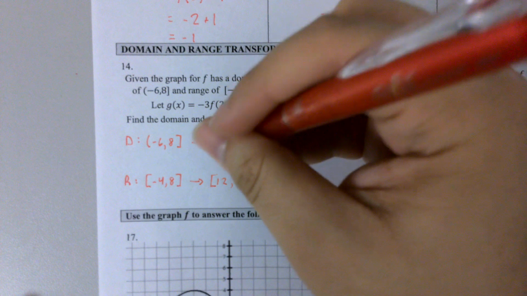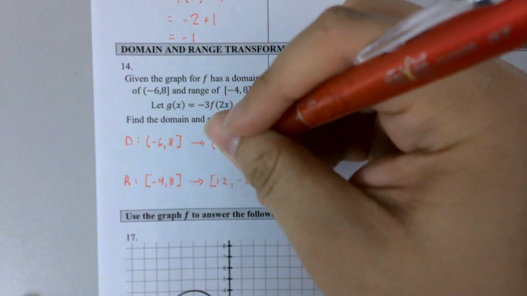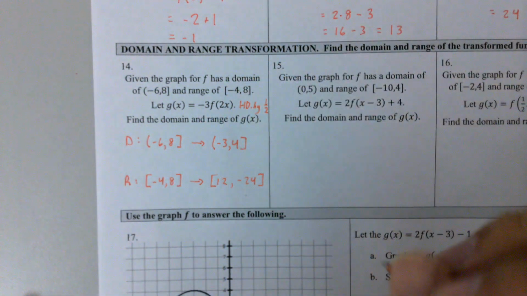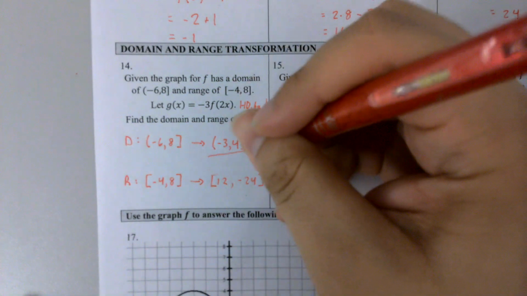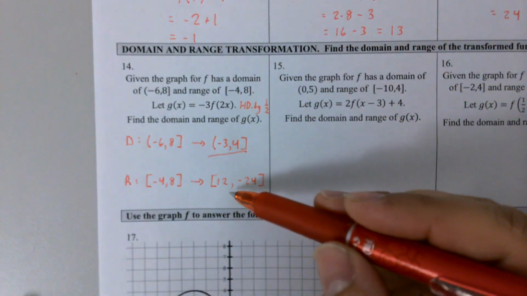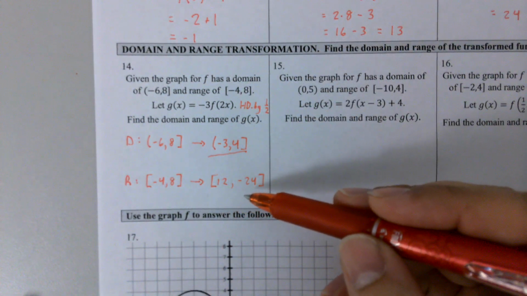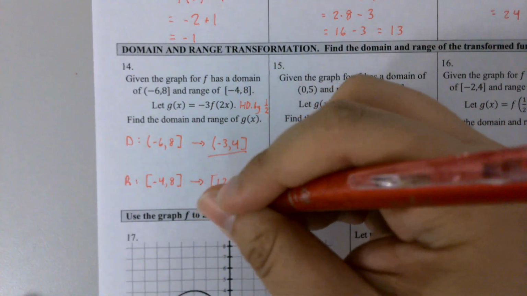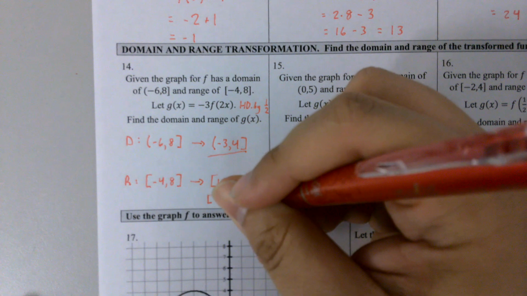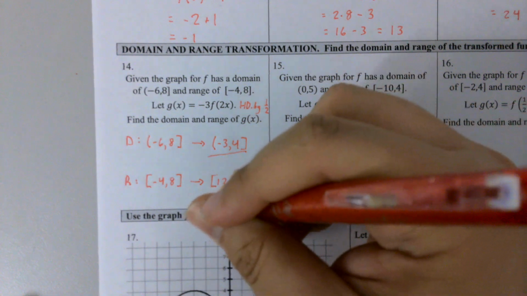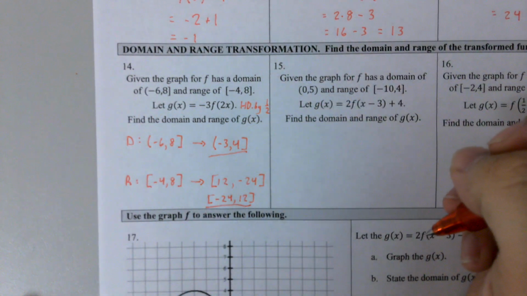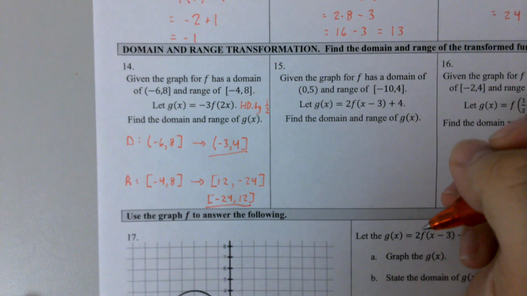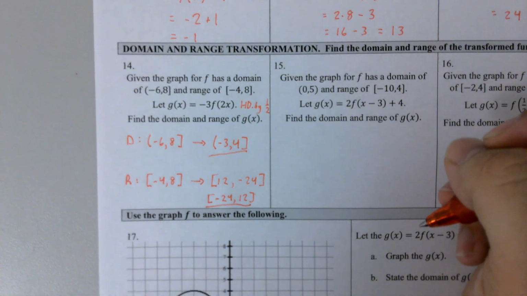So when we do that, we now have negative 3, 4. And so this is our new domain. However, our new range isn't quite right. Remember, this has to be from least to greatest. So we actually want to swap this out as negative 24, 12. And there we go. So now, this is our new domain and range for this function.